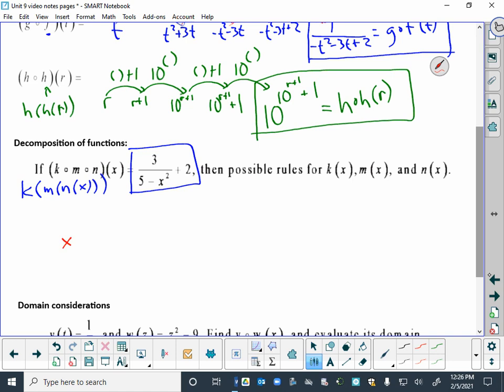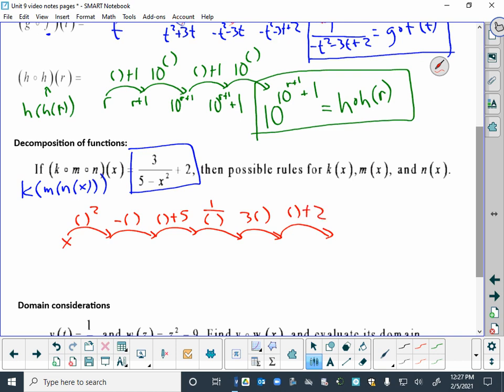The X, first of all, got squared. Okay, so there's my first arrow, squared, and then we had a negative sign put in front of that, and then we added 5, and then that 5 minus x squared ended up in the denominator, so it got flipped over, and then it got multiplied by 3, and then finally I added 2 onto the whole thing.